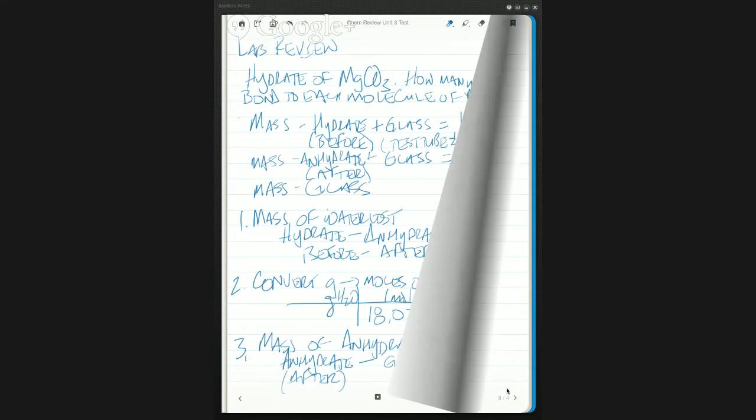After you do that, step 4 is to calculate the moles of anhydrate. So it's a 2-step bridge.